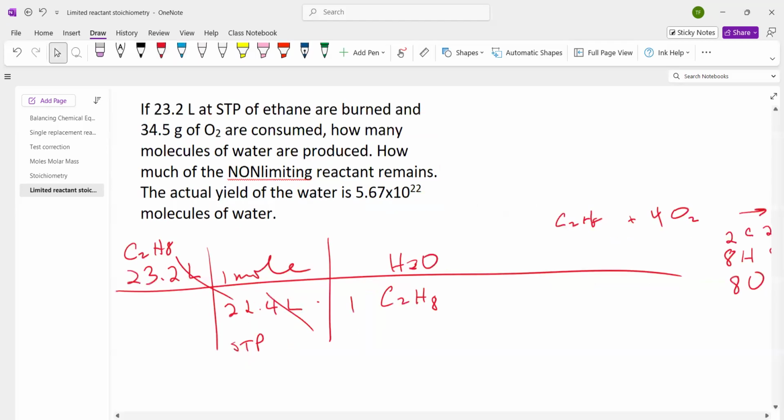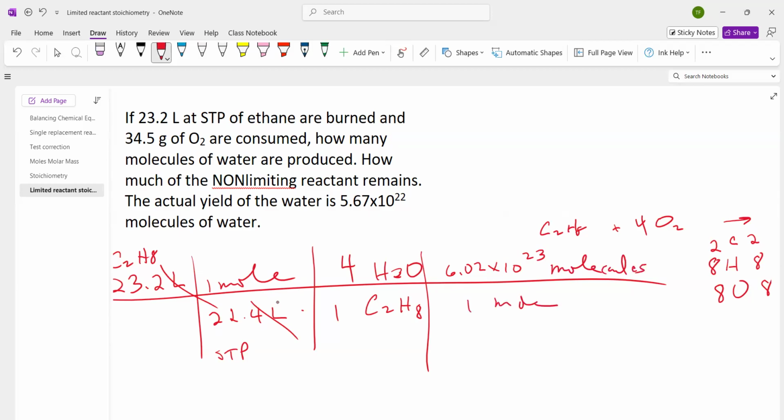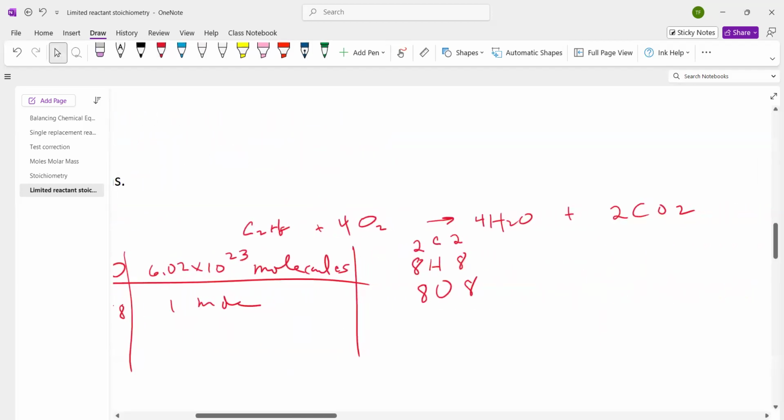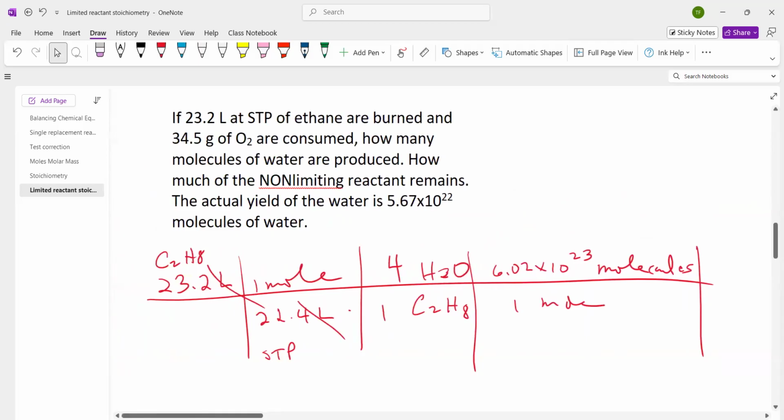So the ratio is 1 to 4. And water is... okay.